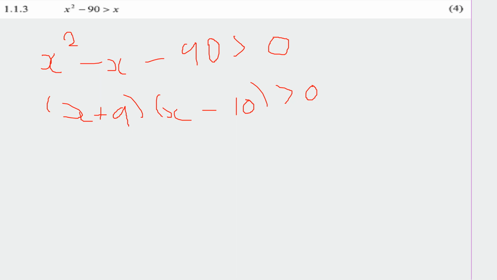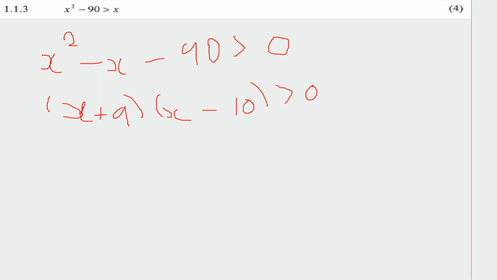So now, the values of x that we solve for are not actually the values of x that we are looking for. They are the critical values, the important values that will determine the range in which our solution lies.